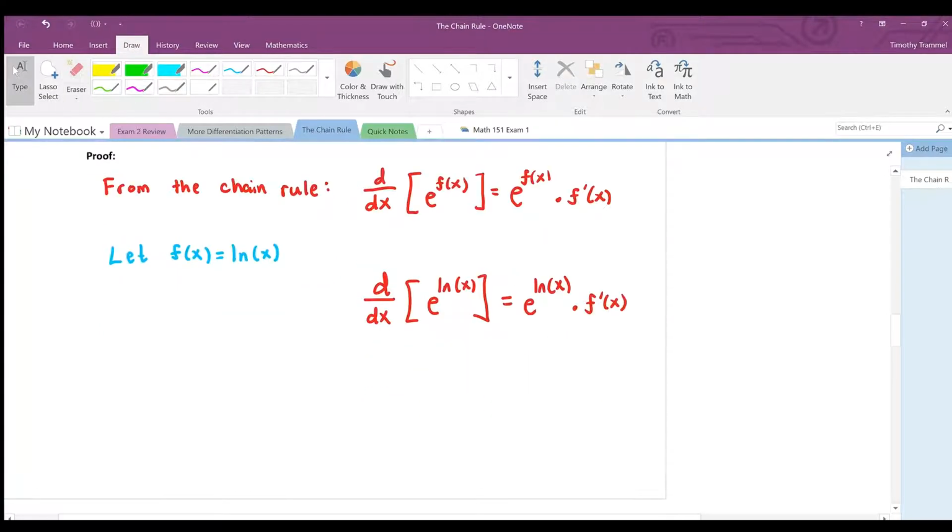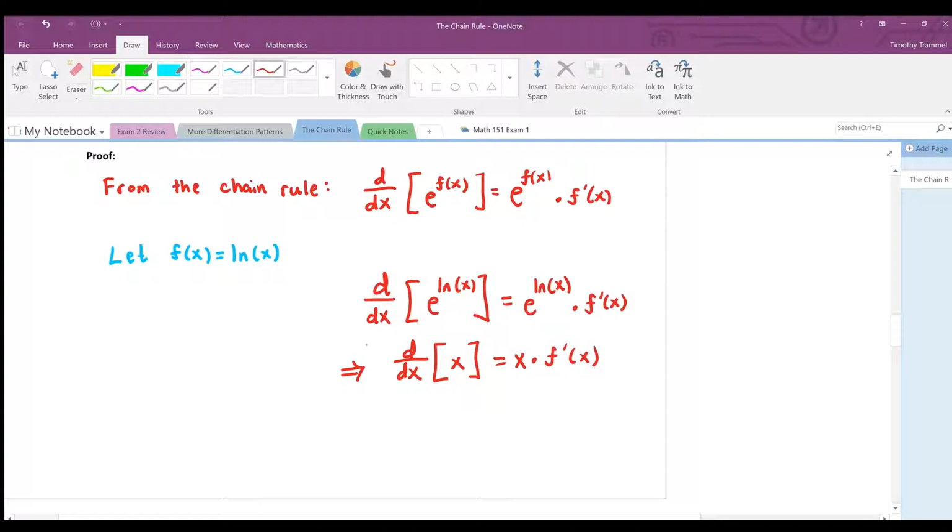Now, let's take this a step further. Well, this should then just become the derivative of x. And this should just become times x times f prime of x.